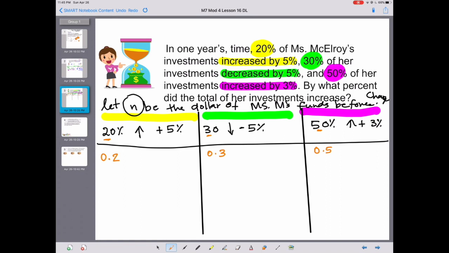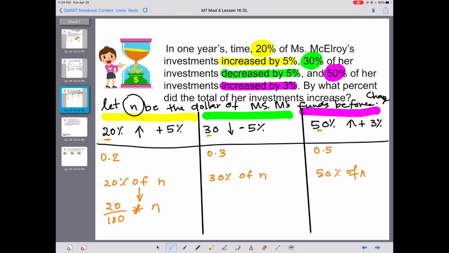Now 20% of n means I have to multiply; 'of' means you're converting into a multiplication by n. So this is what I have to do for every problem here: 30% of n, 50% of n.